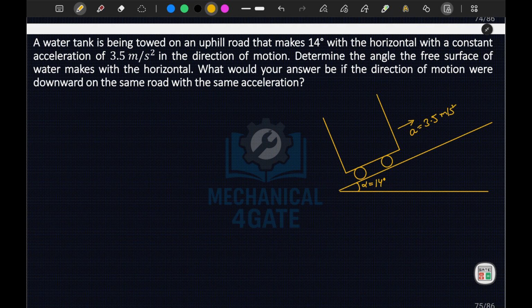Determine the angle the free surface of the water makes with the horizontal.